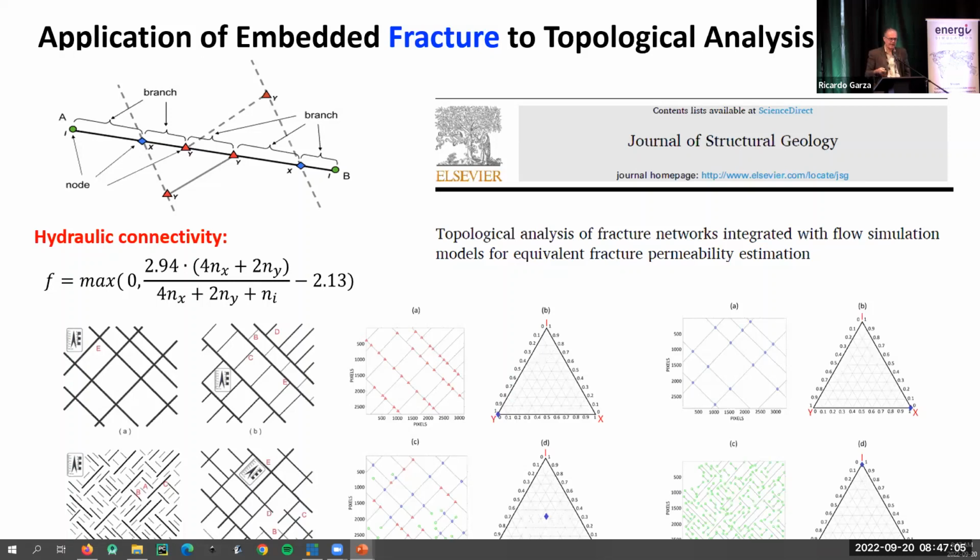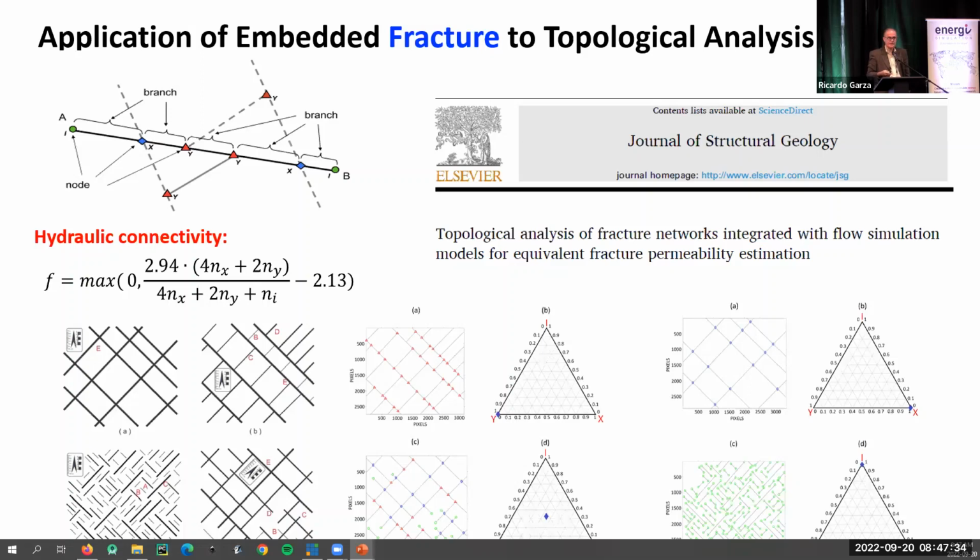There are numbers that characterize the hydraulic connectivity of a fracture network, and we propose ternary diagrams to characterize the fracture terminations. We propose different synthetic fracture networks to study the relevance of the interconnection of the fractures.